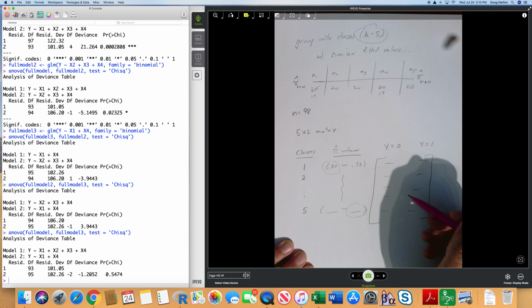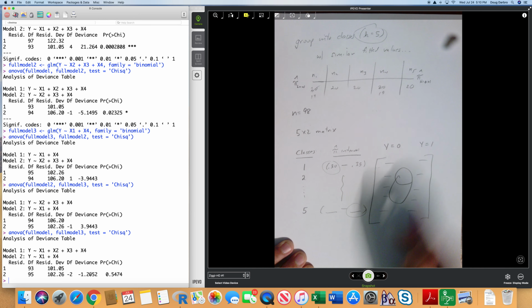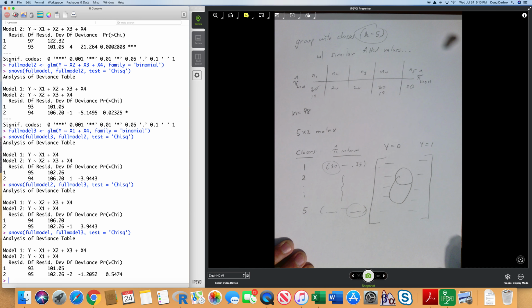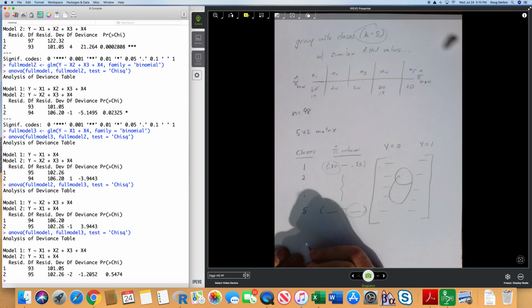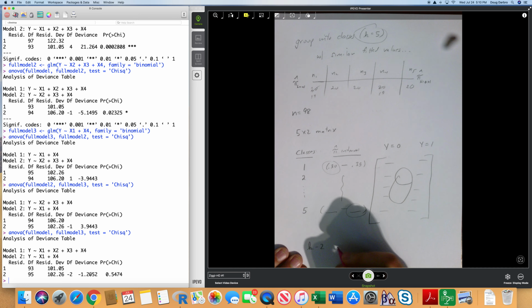Then we could easily create an expected matrix, create a chi-square, which would have degrees of freedom k minus 2. So in this case, we would have a chi-square with degrees of freedom 3, and we would get our test statistic and our p-value accordingly. So actually kind of cool stuff in a way.